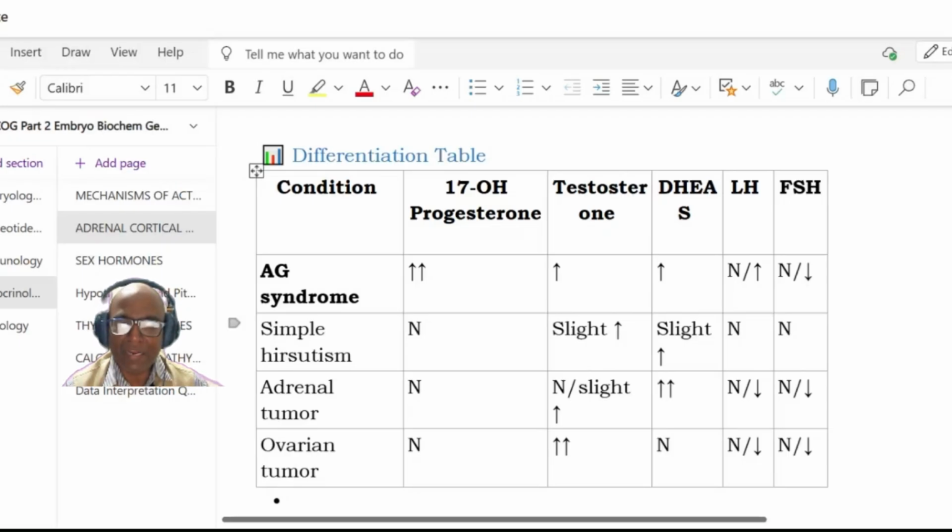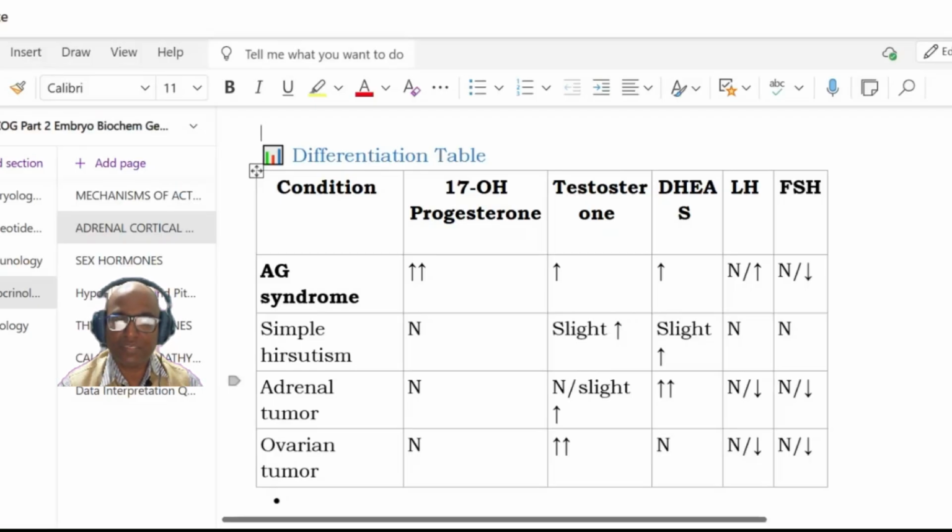Then if it is a simple hirsutism, 17 hydroxyprogesterone level is normal, testosterone is slightly increased, DHEAS is slightly increased, FSH and LH levels are normal. So if it is just a simple hirsutism where the androgen levels are mildly high, then these levels will be mildly more than the normal, while in adrenogenital syndrome it will be quite high.